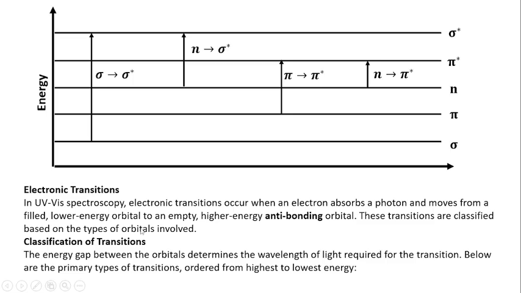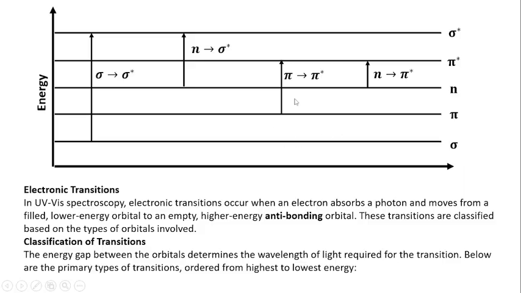The classification of transitions is: sigma to sigma star, n to sigma star, pi to pi star, and n to pi star. These four are the most common transitions in UV visible spectroscopy.